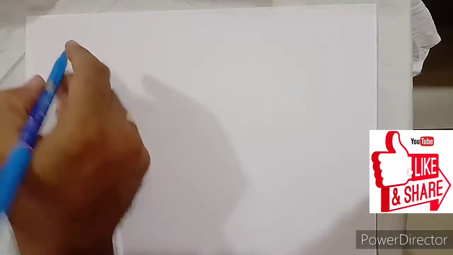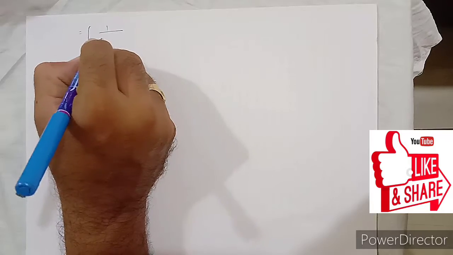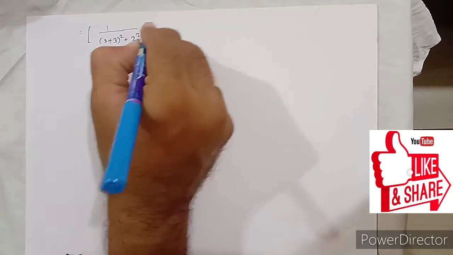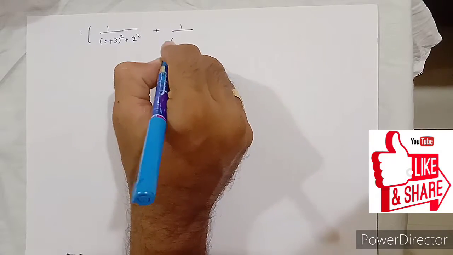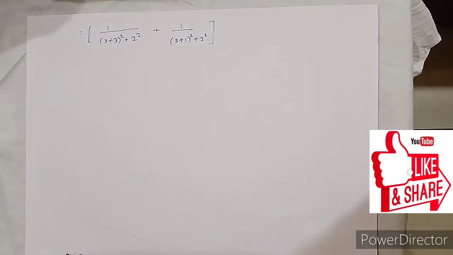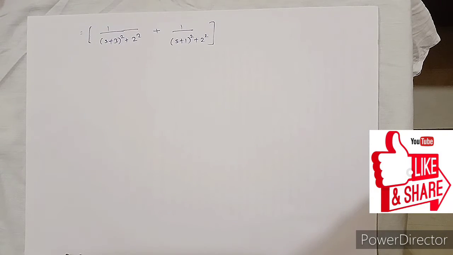So next step is, first I am just writing down the previous step, so that you do not get confused. This is our previous step. Now, what is the next step?